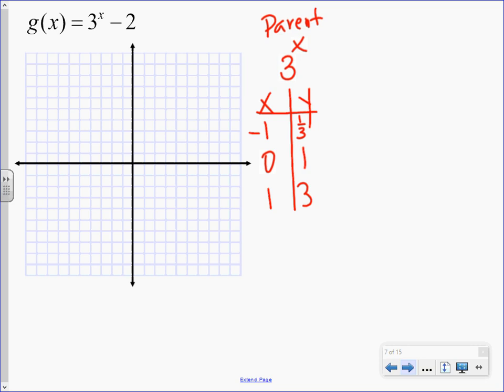Okay, so for 3 to the x minus 2, we have to shift down 2. All right?